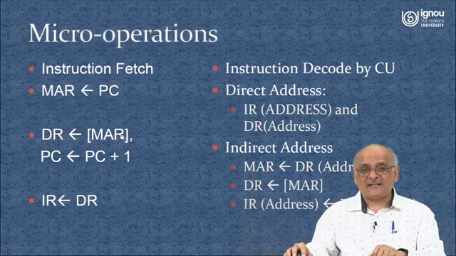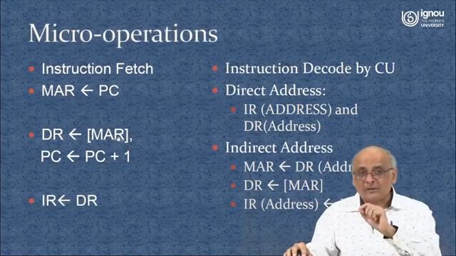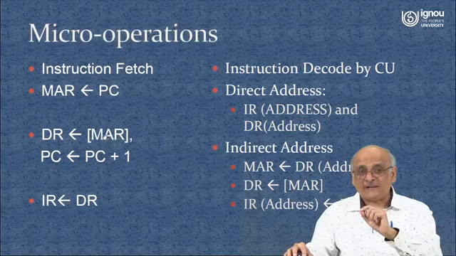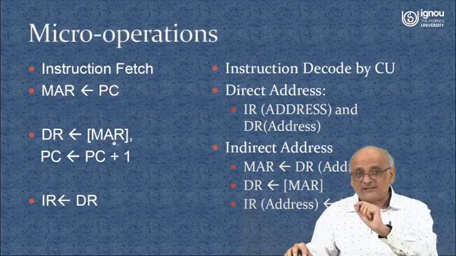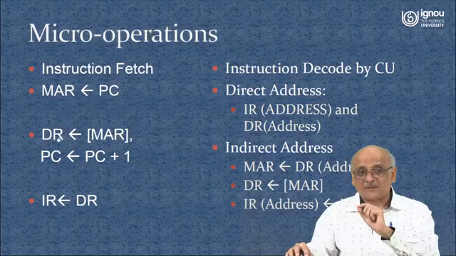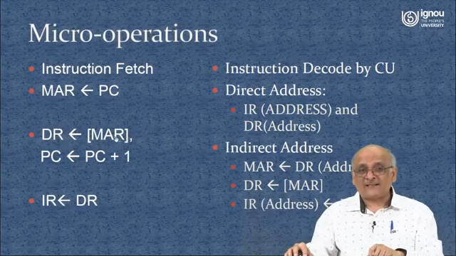Whatever location has been pointed to by the memory address register, that is PC, was the address of the memory location where the next instruction is residing. That instruction now comes to the DR register.